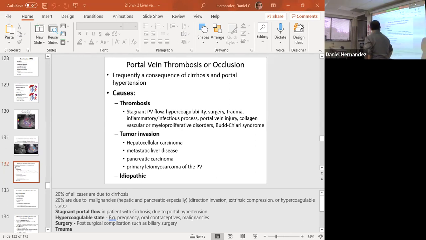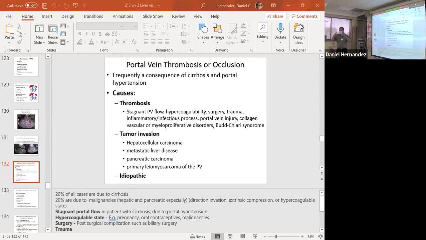So we're gonna pick up with portal vein thrombosis or occlusion. This is frequently a consequence of cirrhosis and portal hypertension. 20% of all cases of portal vein thrombosis are due to cirrhosis. Another 20% are due to malignancies like hepatocellular carcinoma or pancreatic cancer, due to direct invasion or extrinsic compression on the portal vein itself.